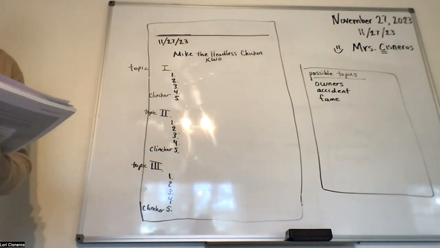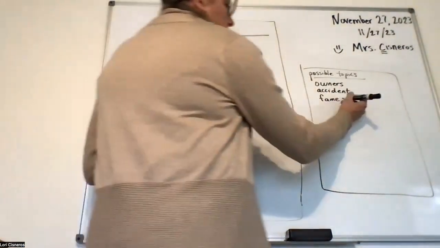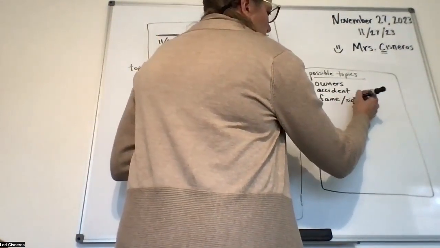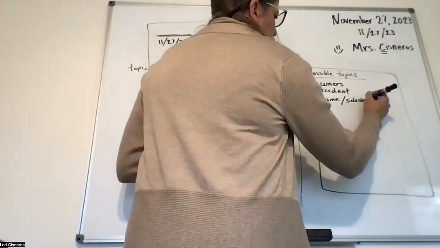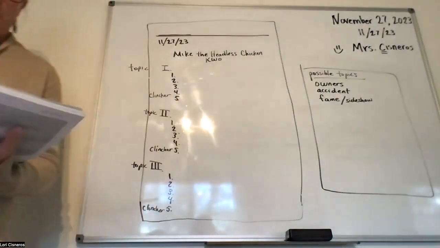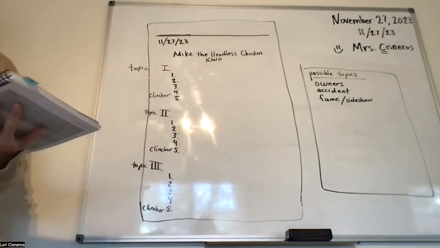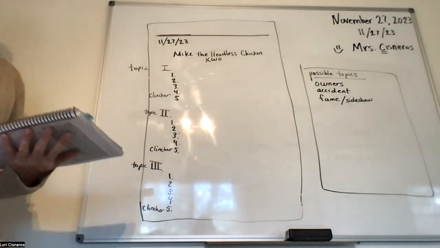Like, where were they? Sideshow. Oh, the sideshow. Maybe we could put sideshow, because that's really how he got famous. He traveled around with the circus and everybody got to see him. Well, the people that were there that wanted to see him, that wanted to pay a quarter.